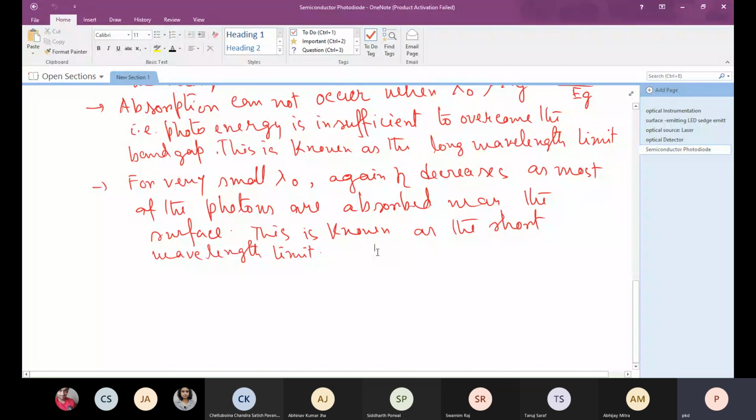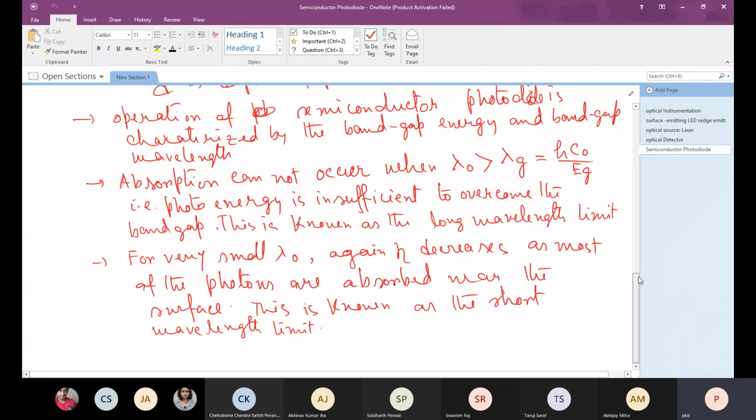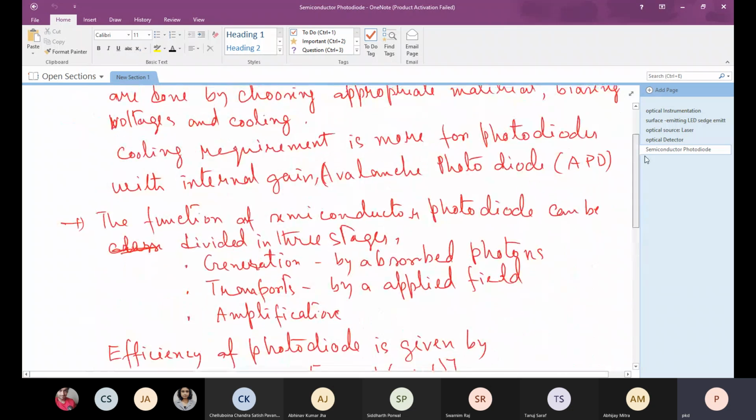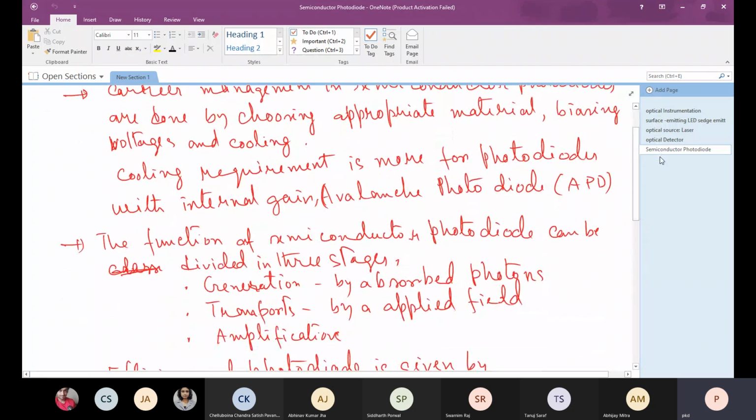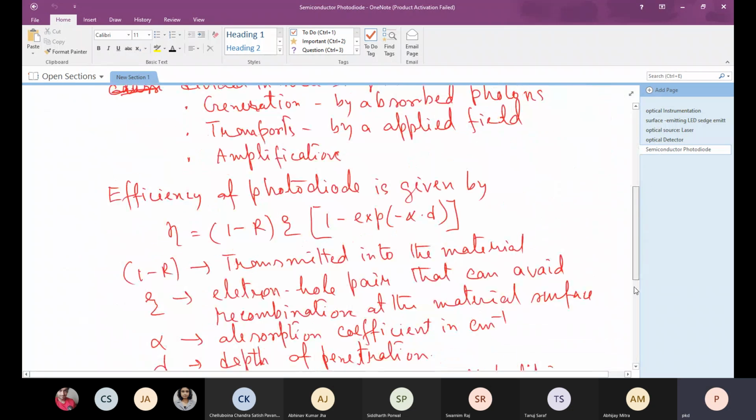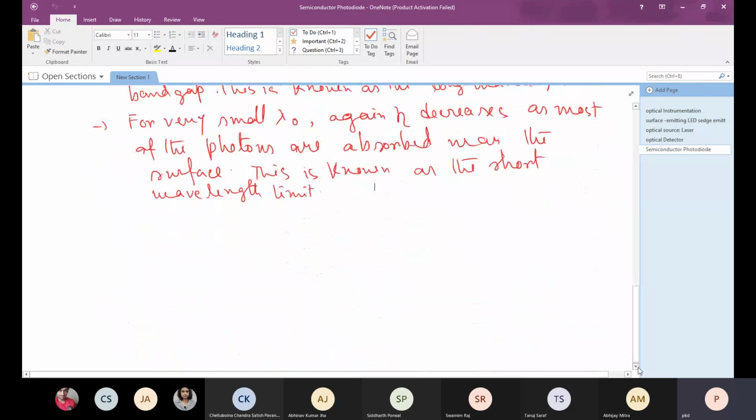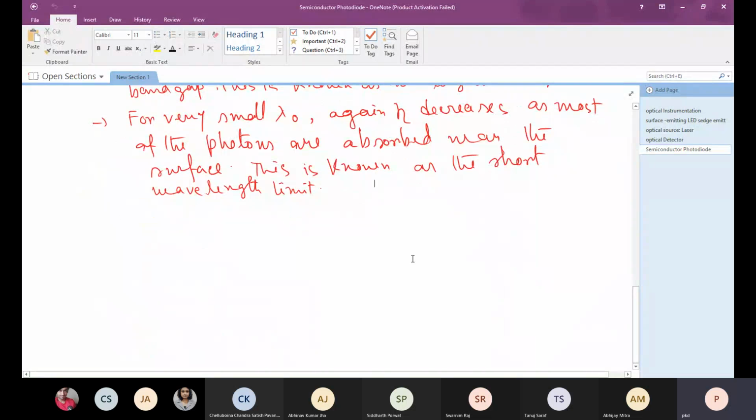So till now we have discussed some of the basic properties of semiconductor photodiodes, and there are various types of semiconductor photodetectors.